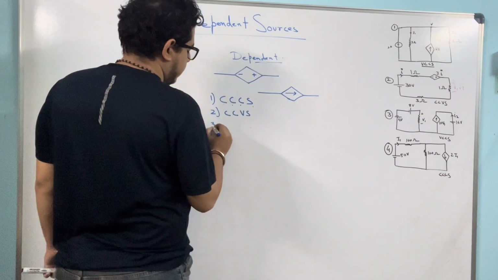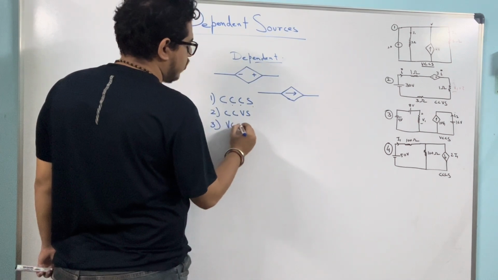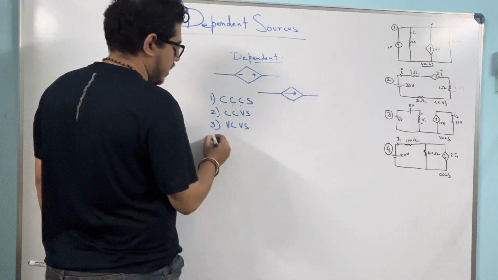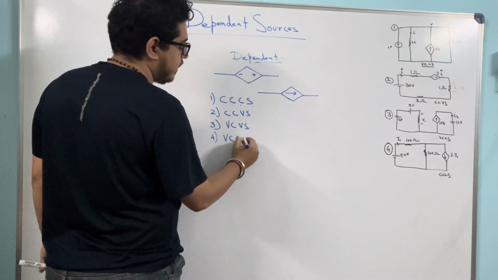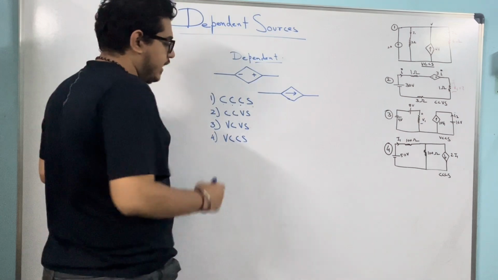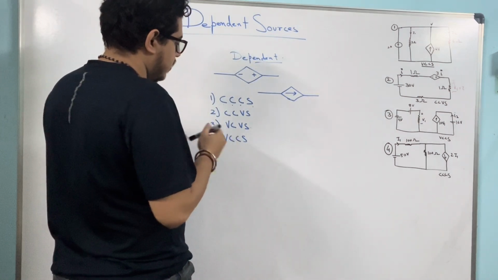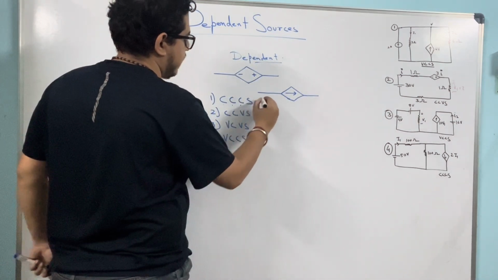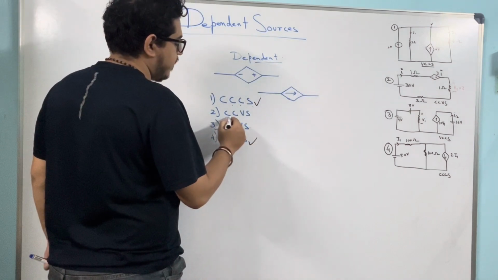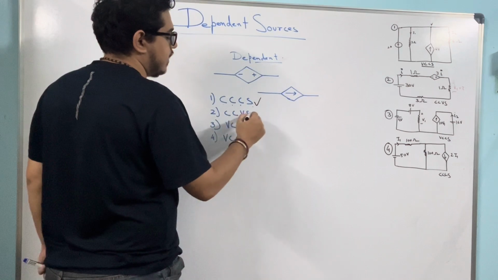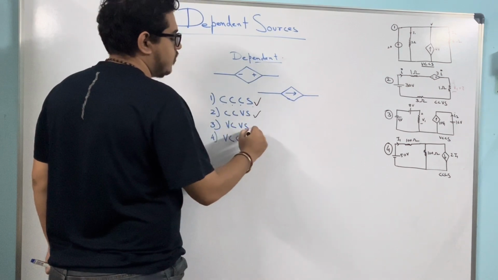The third case is voltage controlled voltage source, and the fourth case is voltage controlled current source. So here we have 2 cases of current source, see this one, current controlled current source and voltage controlled current source, and we have 2 cases of voltage sources, current controlled voltage source and voltage controlled voltage source.